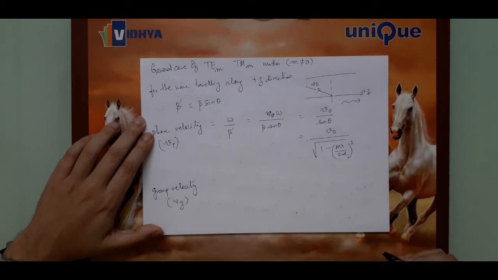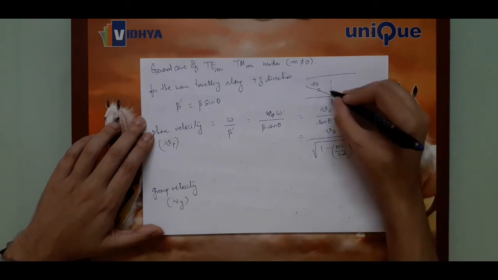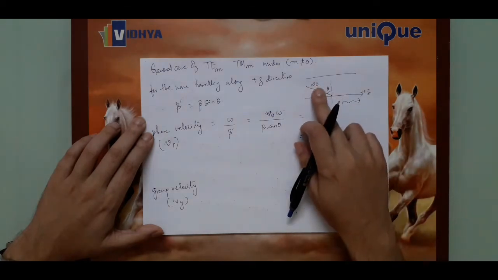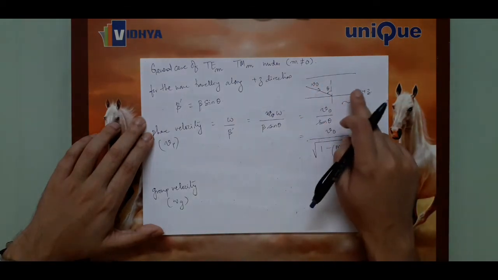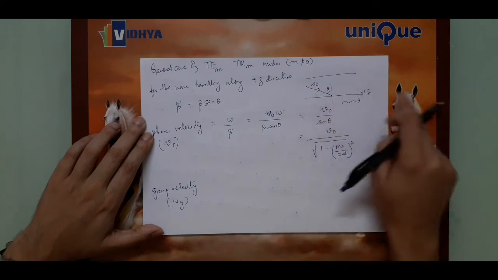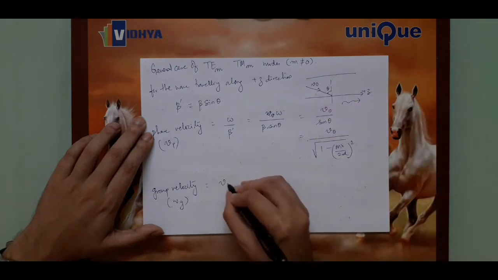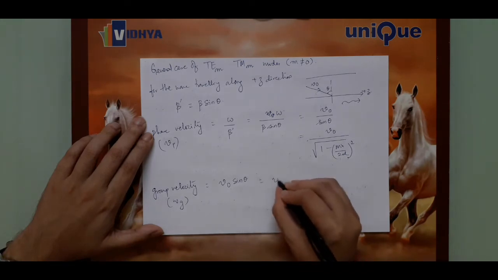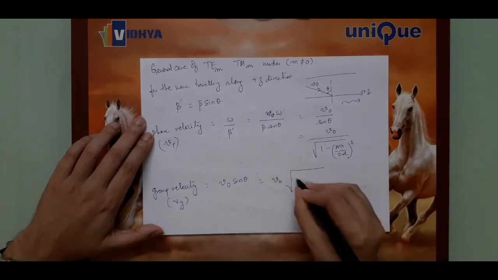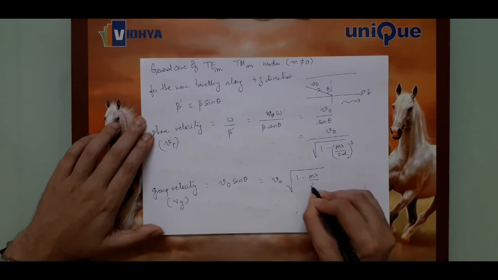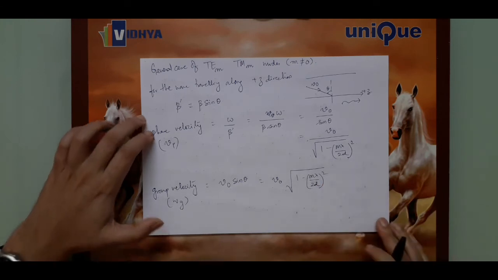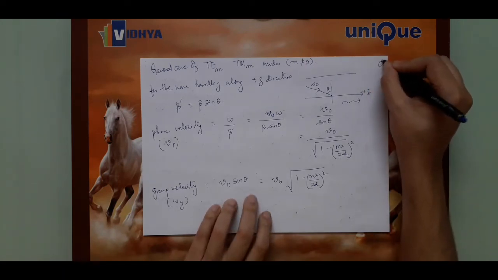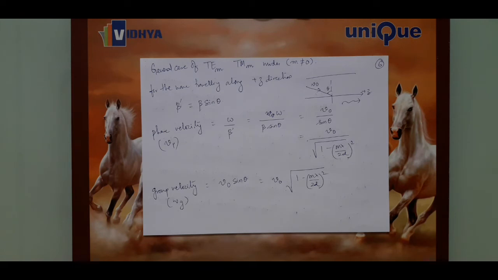Essentially, if this is theta, the component of this v0 that is appearing along the plus z direction is nothing but v0 times sine theta, and that is v0 into square root of 1 minus m lambda by 2d whole square. So that is how it is.